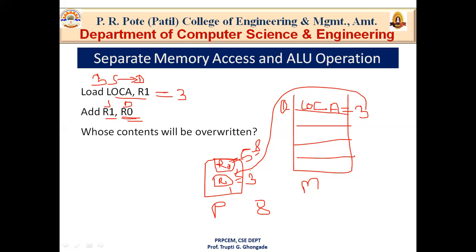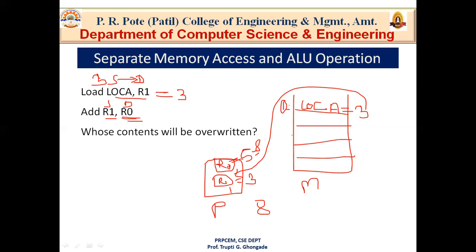The processor goes to memory location 1, where location A holds the data 3. Now this 3 is transferred to the processor by using which register? MDR, that is memory data register. So the data are transferred to or from the memory by using MDR.